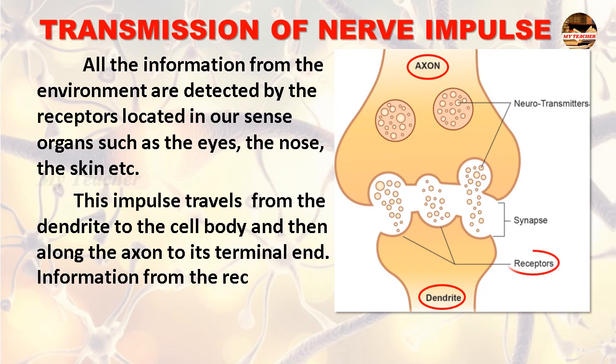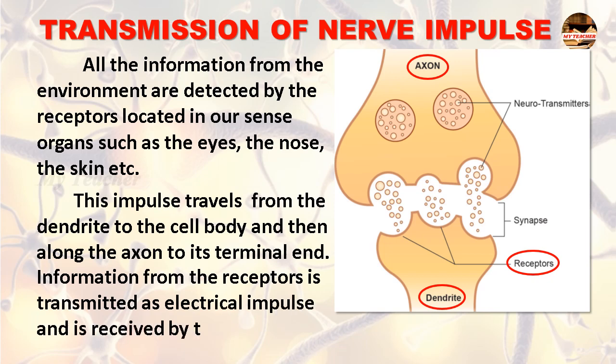Information from the receptor is transmitted as electrical impulse and is received by the dendritic tips of the neuron.